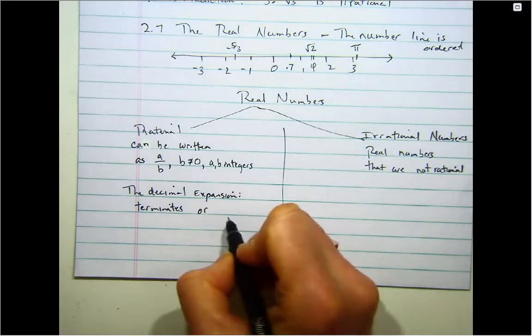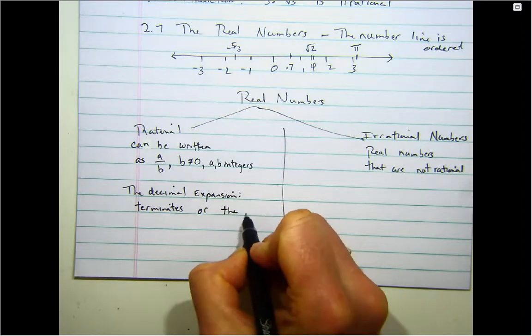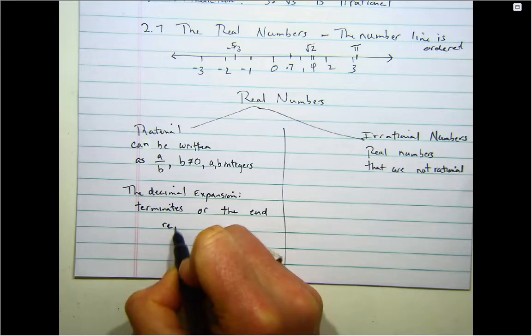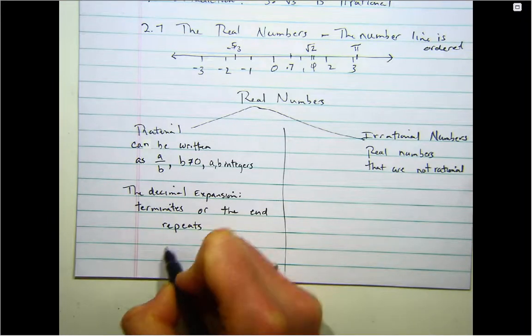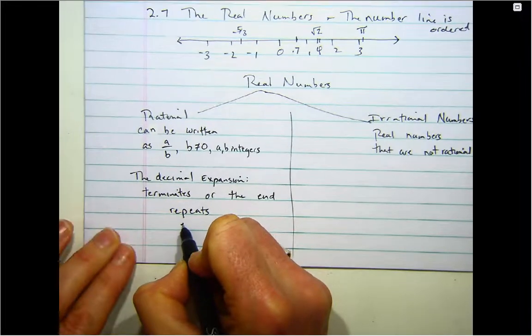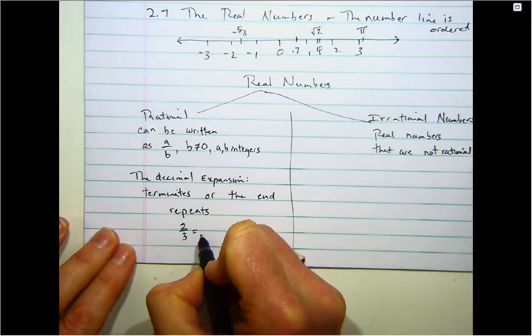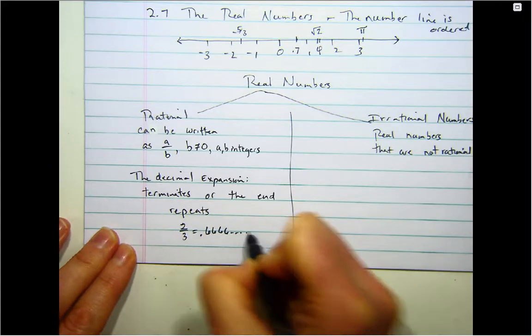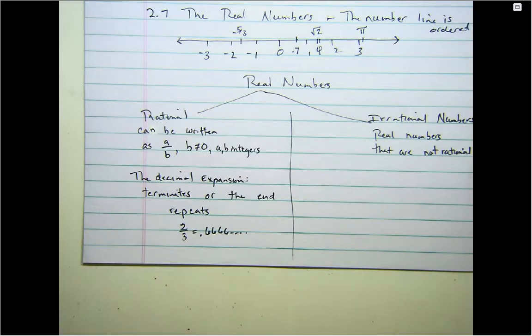Good. Or the end repeats. So, for example, 2/3, if you write that as a decimal, it has an end that just goes on forever, the 0.6s.